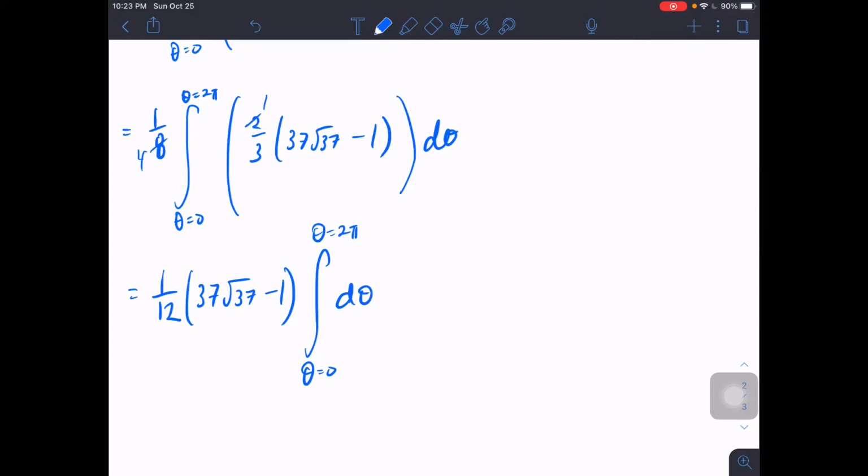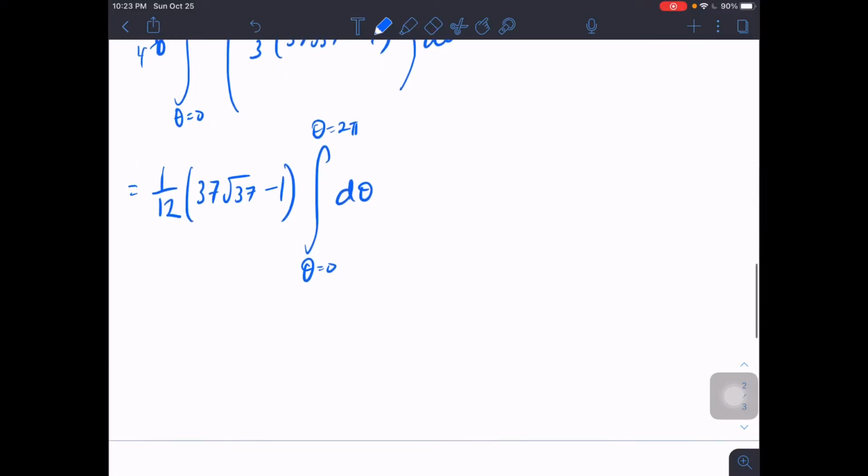Little Cartman came out there. And then we get 1/12, 37 root 37 minus 1. And then the integral of this is just going to be theta going from 0 to 2 pi.